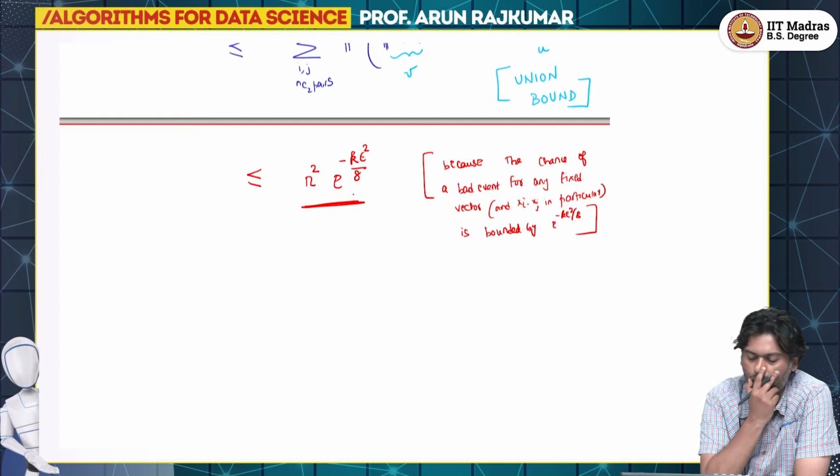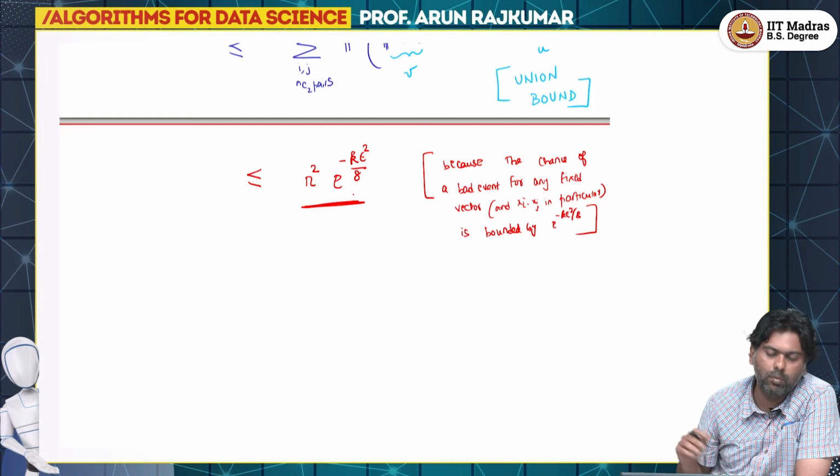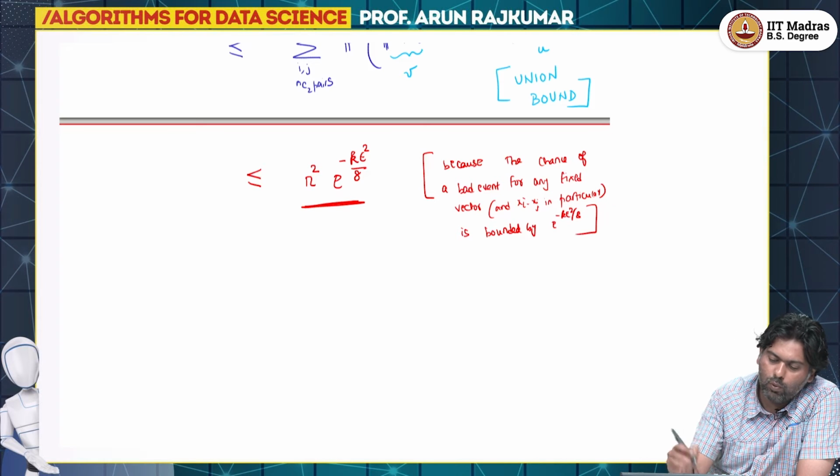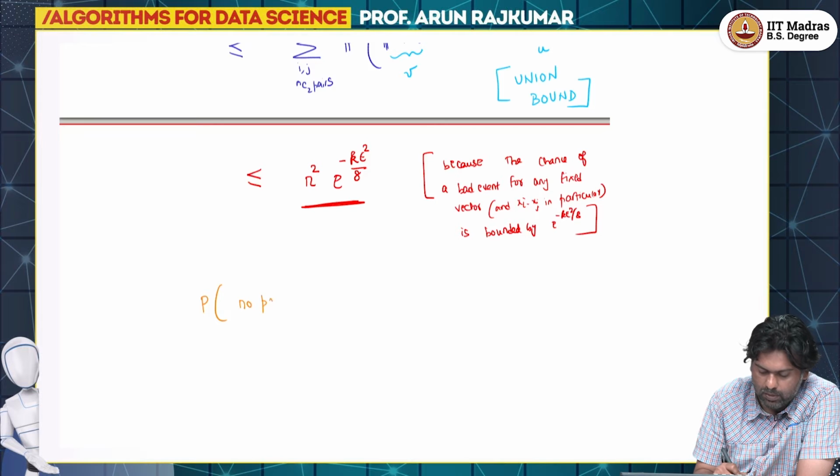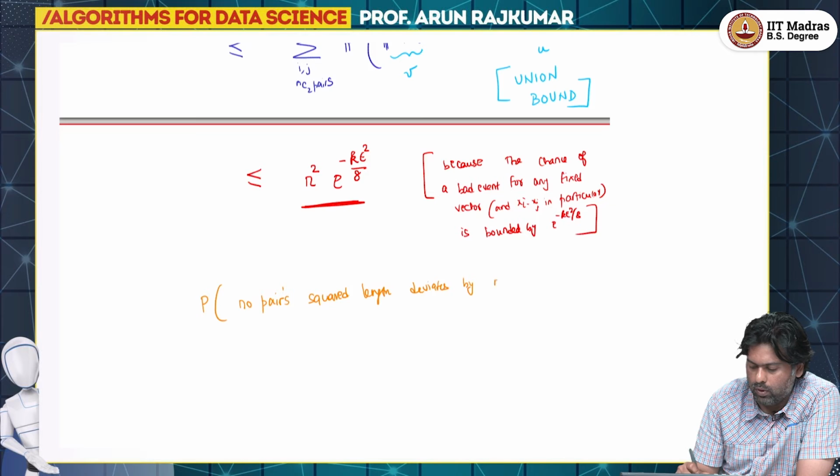Now, this is n squared e to the minus k epsilon squared by 8, whatever this number is, right. So, let us say we want to make a statement like the probability that no pair, let me write it in English, no pair squared length deviates by more than 1 plus epsilon is at most, let us say 0.001.